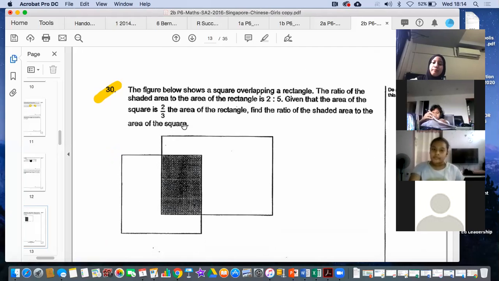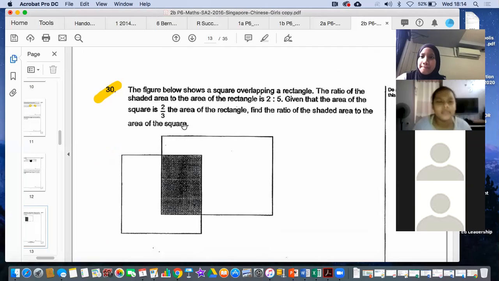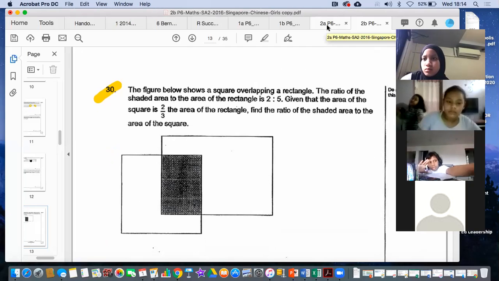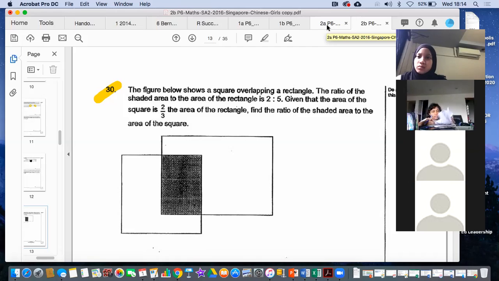It shows an overlapping ratio. Okay, I tell you what, this one, you do this as homework. But what's your answer, Raina? Anyone did this? Sophia, you didn't do this.